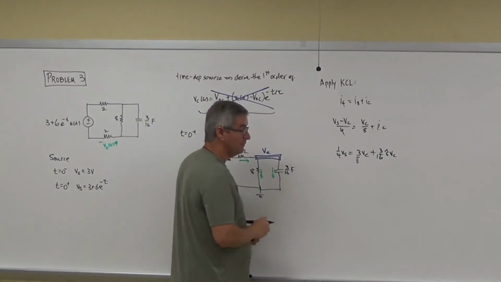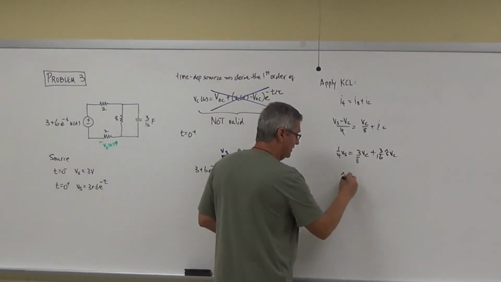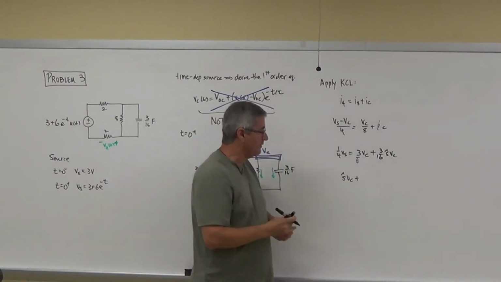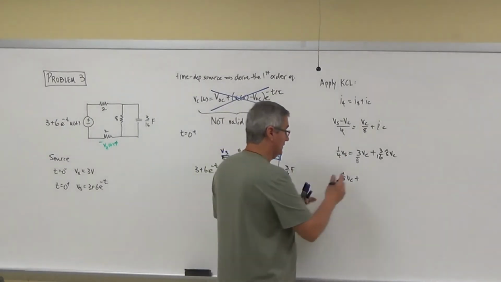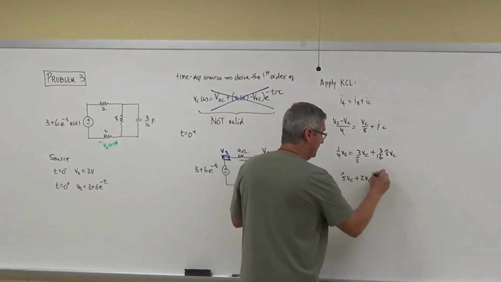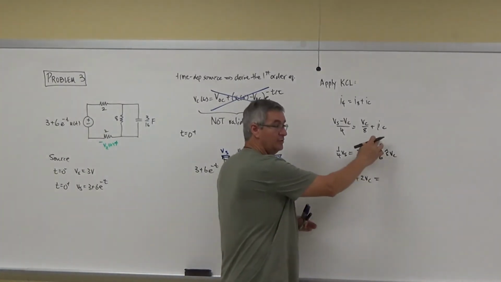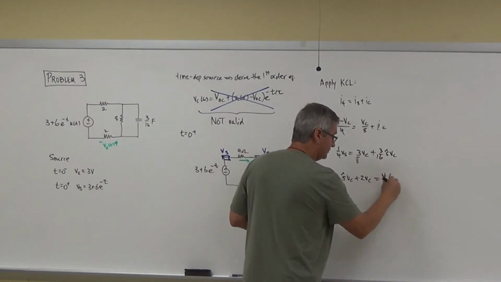So then if I multiply everything out through this thing here, I should get S hat VC. Then I'm going to get what? 16 over 8, which should give me 2. And then on this side here, I should get 16 over 3 divided by 4, which should give me 4/3.